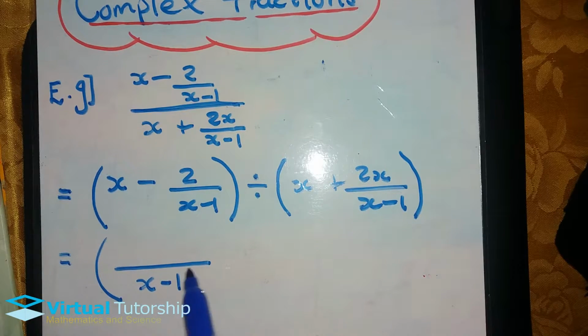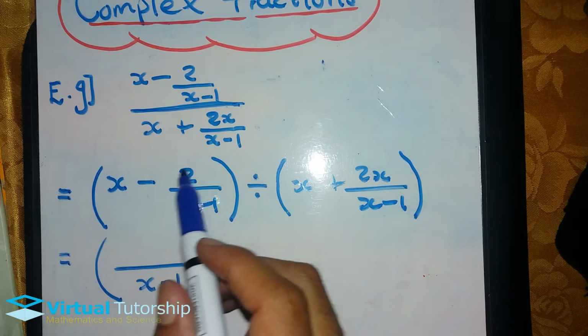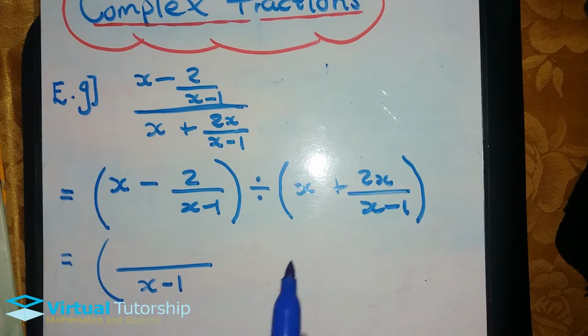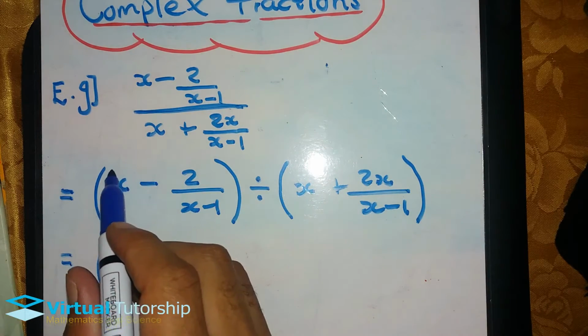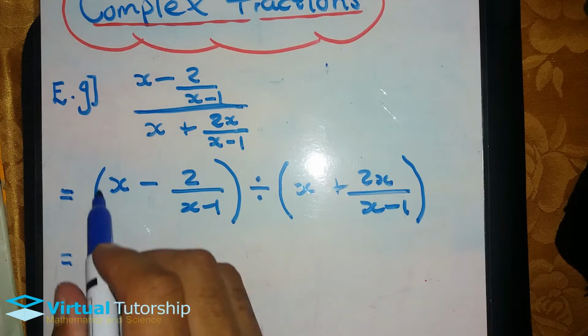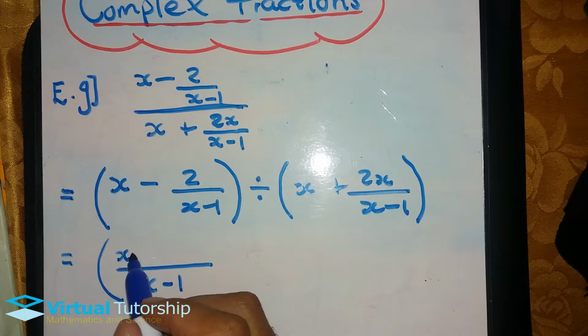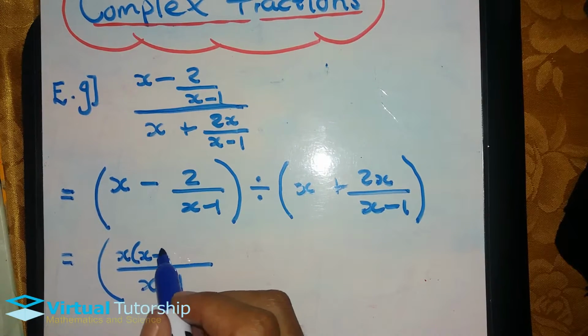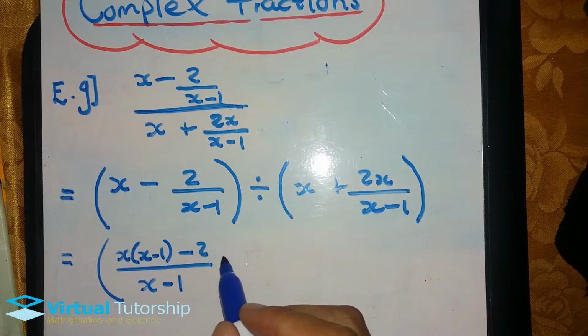So the LCM is multiplied with this x and also multiplied with this fraction. So when I multiply this x by my LCM or LCD for this expression, I will get x minus 1 minus 2.